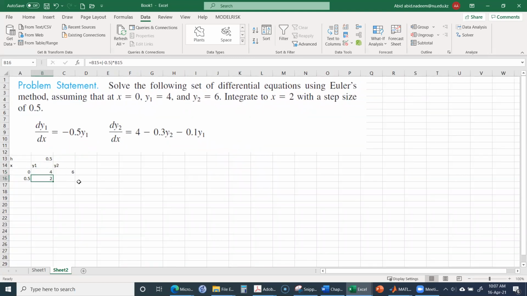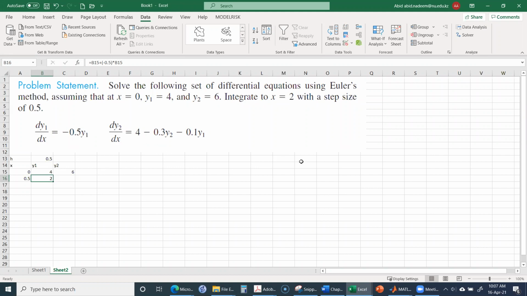Remember that for Euler's method, the formula is y1 plus the function f of x, y, multiplied by h. Here I made some mistake.